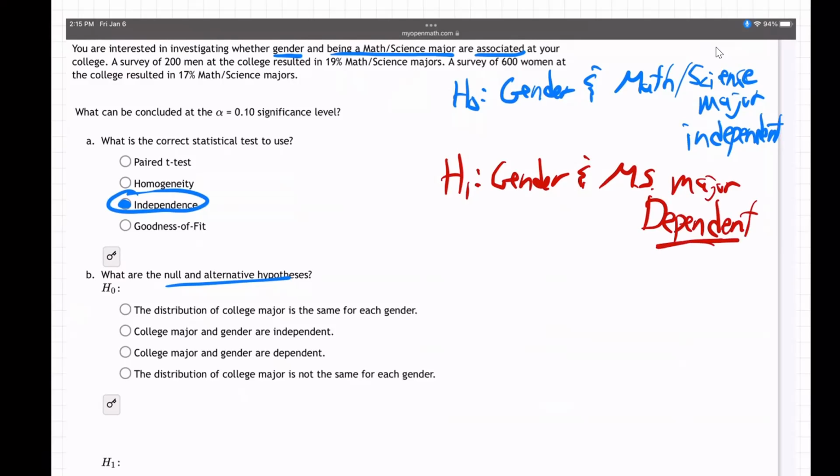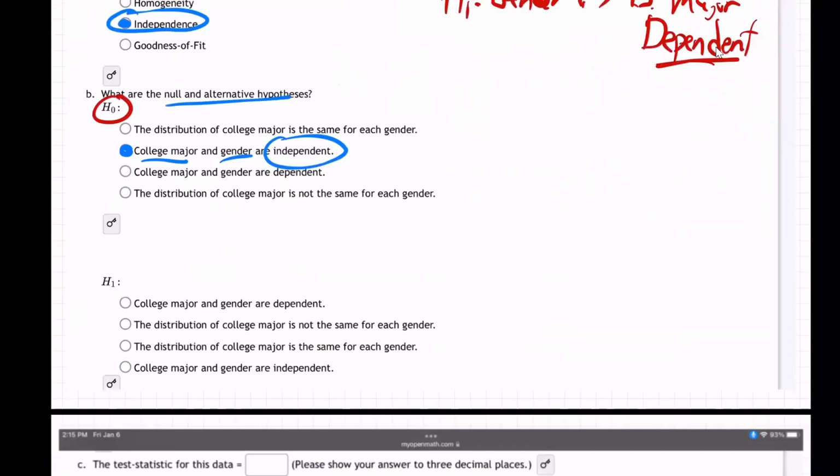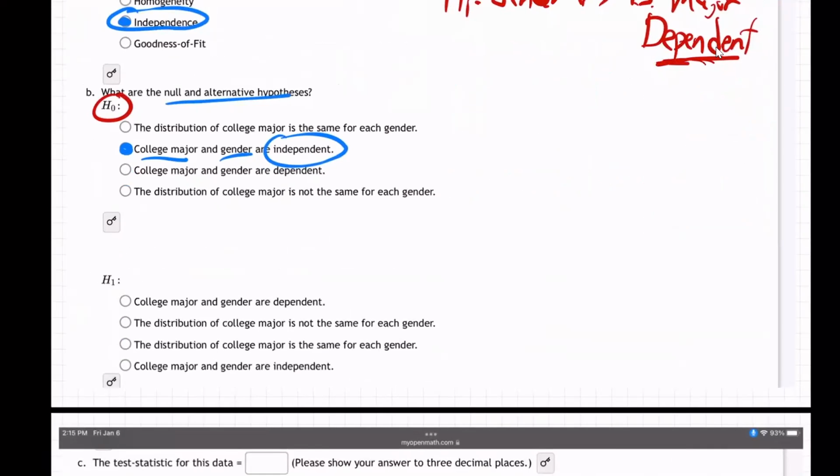All right, so let's come on down. Where does it say this? So the H0 is the independent, right? So there it is. Major and gender are independent. And then H1 is dependent. Your major and your gender, right?